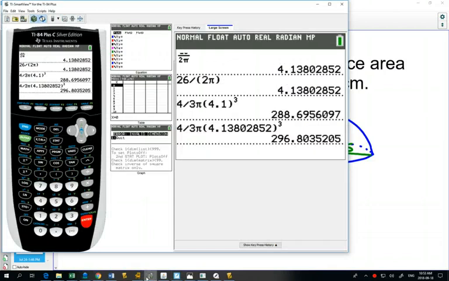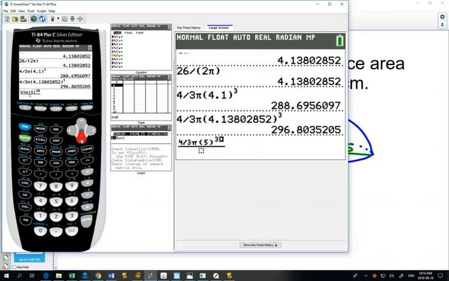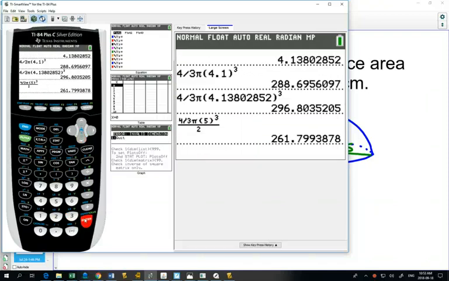If you want to on your calculator using the fraction button, you can do alpha y equals fraction button. 4 divided by 3 pi, the radius is 5, cubed, all divided by 2. You can do that all at once if you'd like, which is really nice. You could also figure out the full volume first, get your answer, and cut it in half at the end.